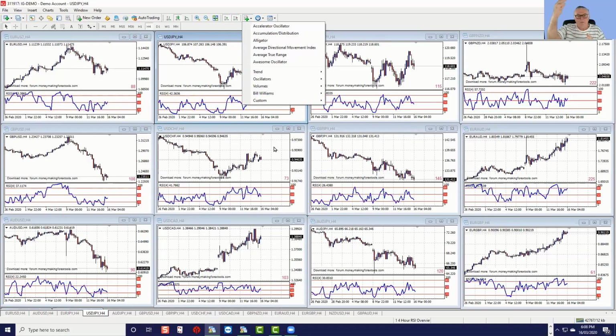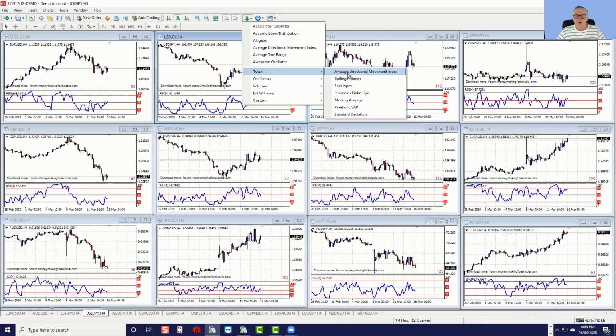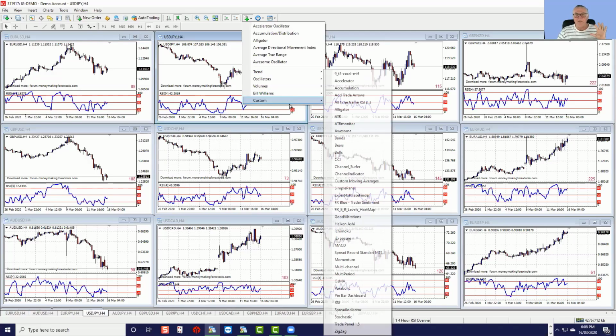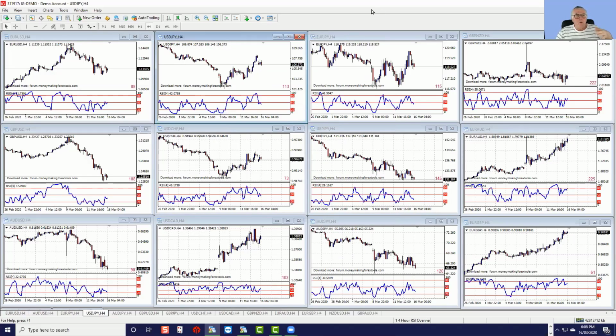So they go overbought and they come back and they go oversold, they go overbought and oversold. So that's the kind of market oscillators work in. Trending markets are more for moving averages and things like that. That's why the multiple moving average is a good guide to use for exiting deals in a trending market. When the moving averages cross over again, that's the time to exit in a trending market. Not good for getting in, but good for getting out.